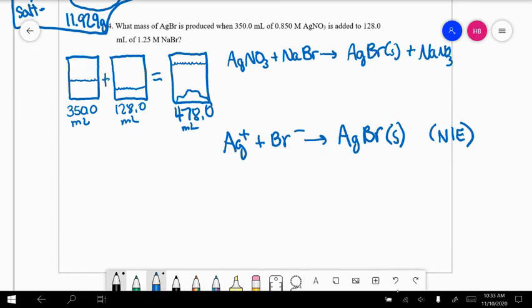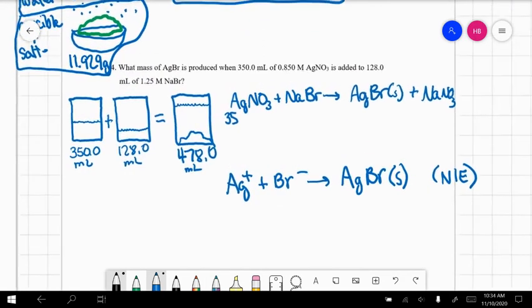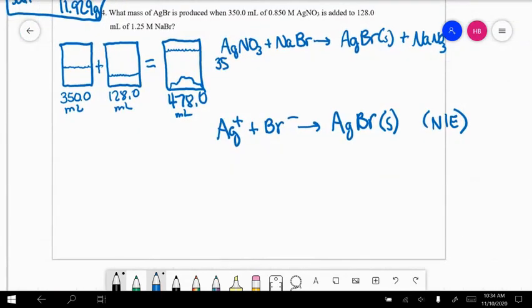So underneath silver nitrate, I'm going to write 350 milliliters of 0.850 molar. Under sodium bromide, I'm going to add 128 milliliters of 1.25 molar, like such.